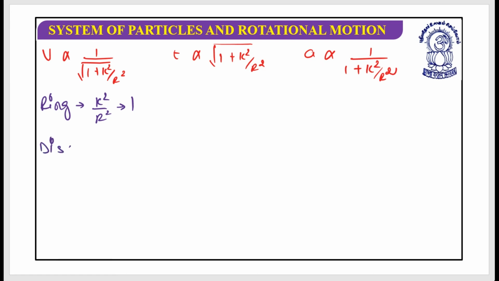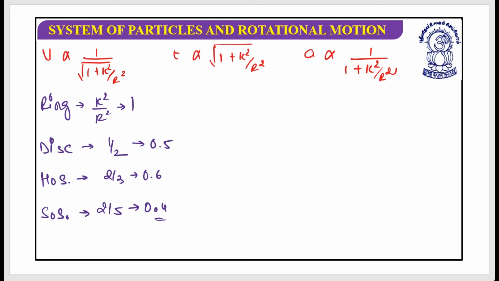For the disk, this is 1 by 2, which is 0.5. For the hollow sphere, it's 2 by 3, which we can call 0.6. And for the solid sphere, it's 2 by 5, which is 0.4. I hope this is clear.